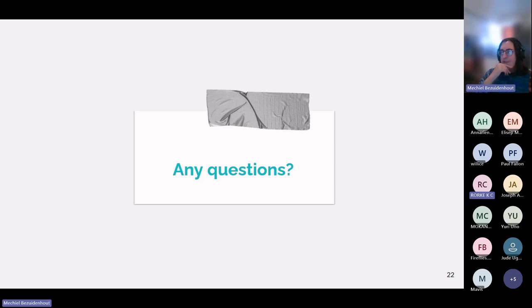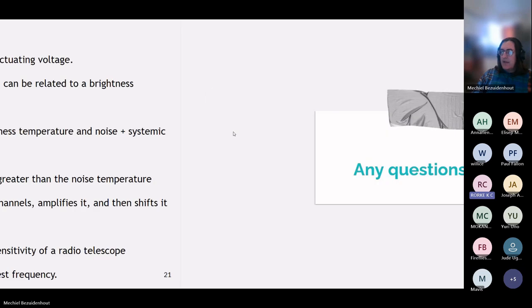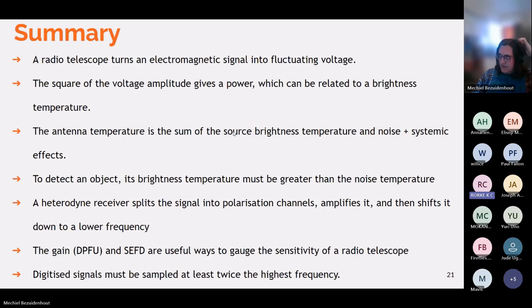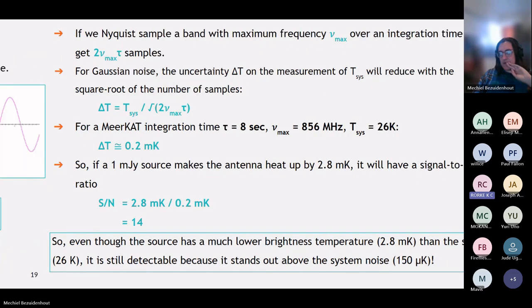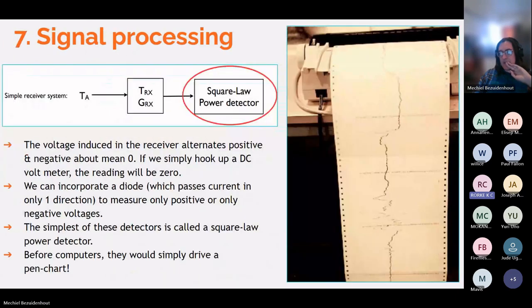Yeah, Tiaan, can we just go back a little bit to what exactly the telescope is measuring, what it's actually detecting? I get there's an electromagnetic field that hits the antenna, and it's converted into an oscillating voltage. We can talk about it in terms of temperature, but we're actually measuring the voltage, right?